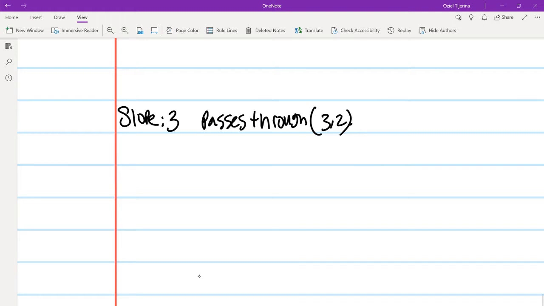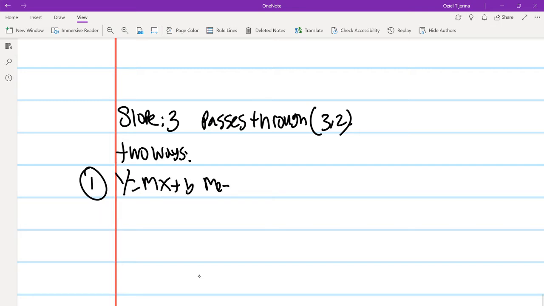What you would do is you can do this two ways. Number one, the y equals mx plus b method, or number two, the point slope method.